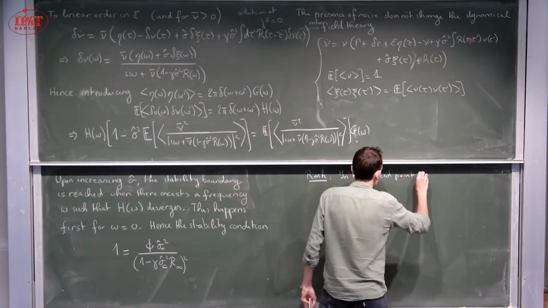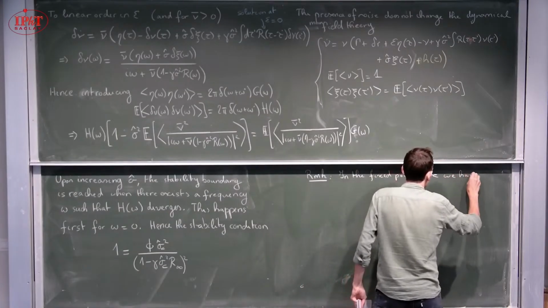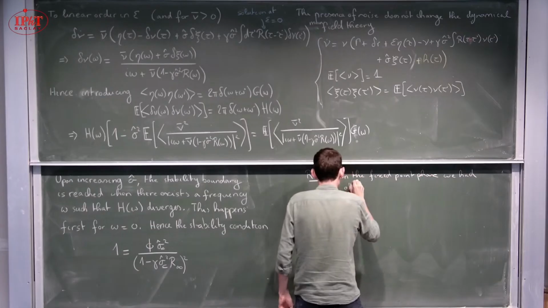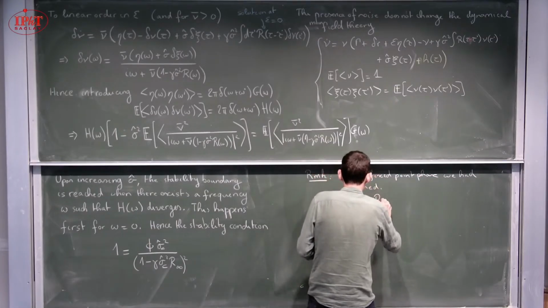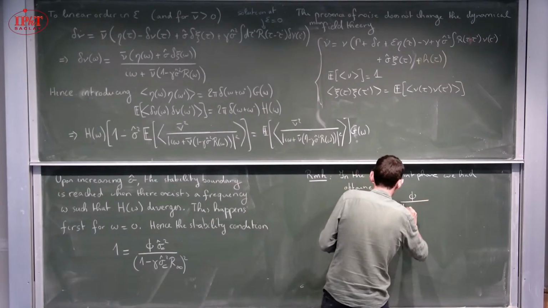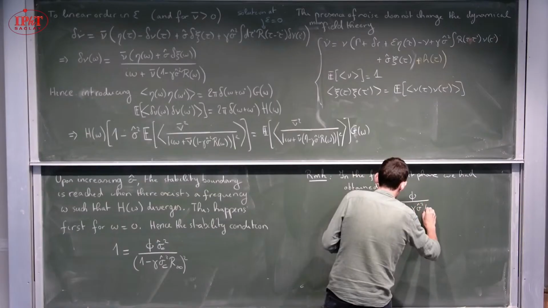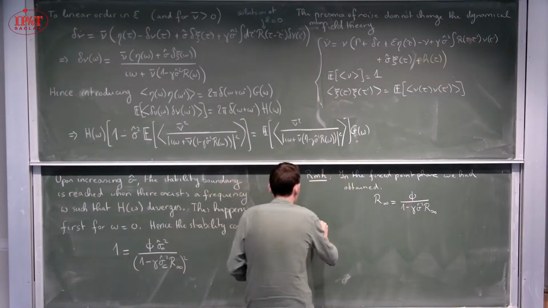So in the fixed point phase, we obtain that R infinity is equal to phi (1 minus gamma sigma squared R infinity). That was one of the equations in the fixed point phase.